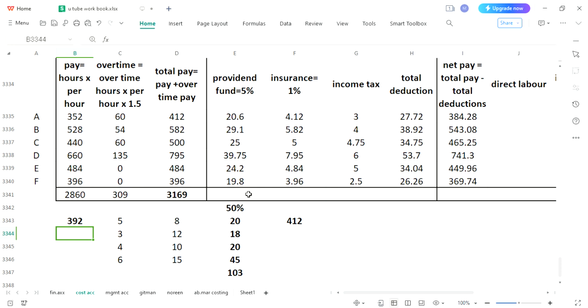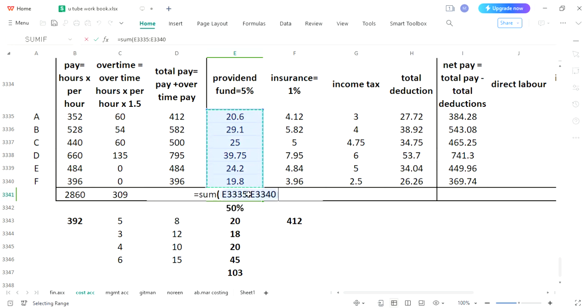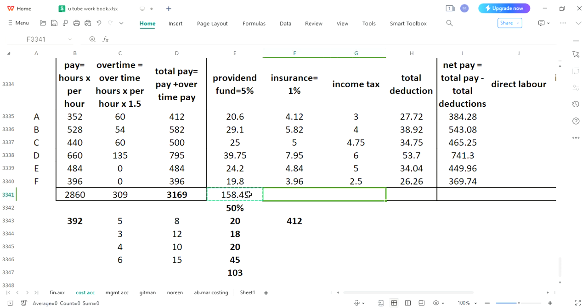Now you will sum up the total provident fund which you have calculated over here. Take the sum of provident funds of everyone. We have got 158. You will do the same for insurance, income tax and total deduction. I'm taking help from Excel.